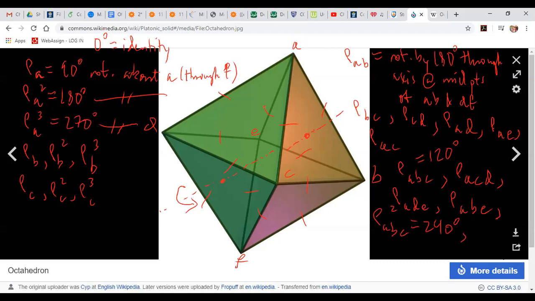Rho ABC, rho ACD squared, rho ADE squared, and rho ABE squared. And that's it. That's everything that we could have possibly come up with.